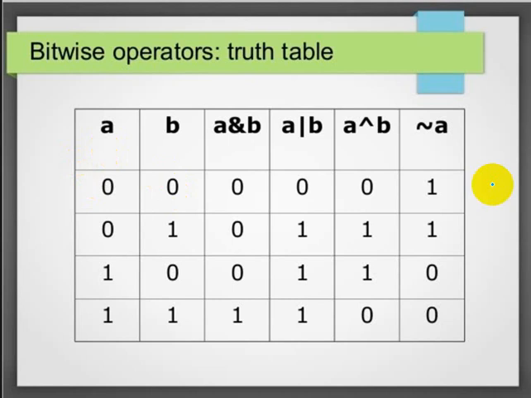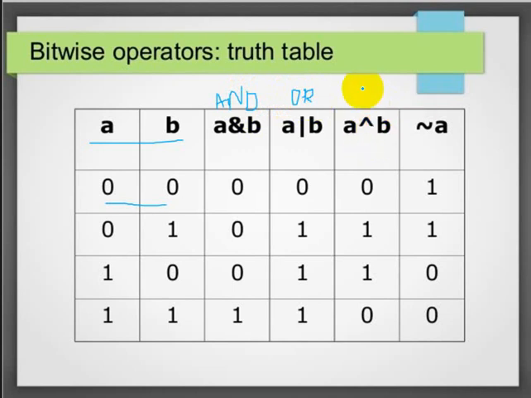Just understand that there is a truth table for these bitwise operators. Whenever you consider any two inputs A and B, this is the bitwise AND. This is OR. The pipe symbol indicates the OR operation.